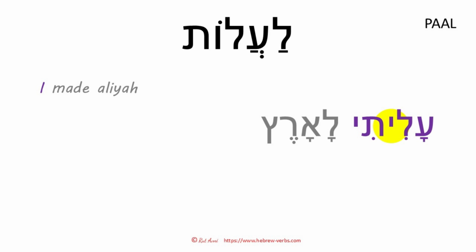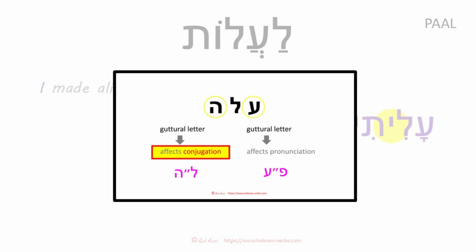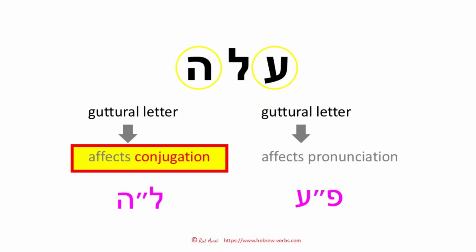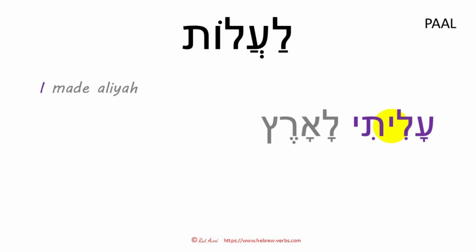Hu sagar, ani sagarti. But here it is ani aliti and not alati. Why is that? Well, remember, lamet hey affects conjugation, and this is exactly what's happening here. Aliti. That is lamet hey in pa'al in the past tense.